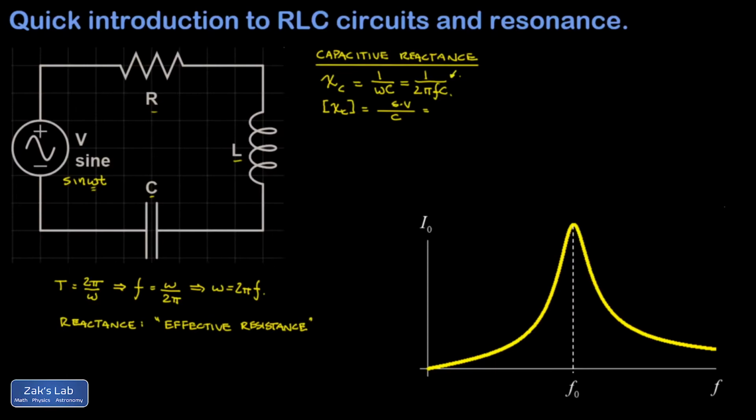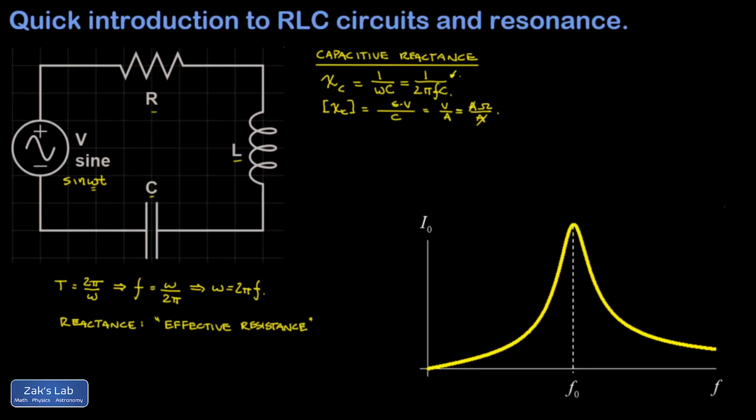So this must be equal to volts over amps. And then using Ohm's law, I can express volts with V equals IR as units of amps times ohms. And the amps cancel out, and I get ohms for my units of reactance. So again, this is a measure of effective resistance in the circuit. It's just that it's frequency dependent, unlike a resistor.